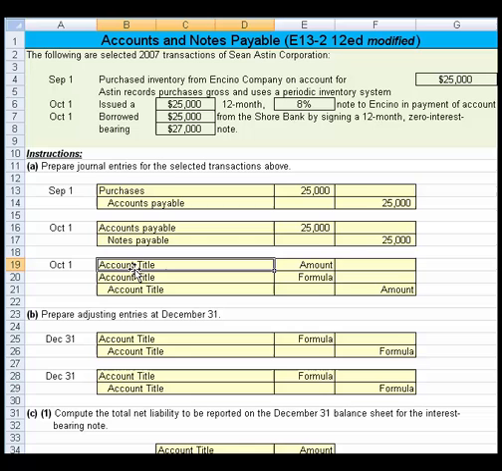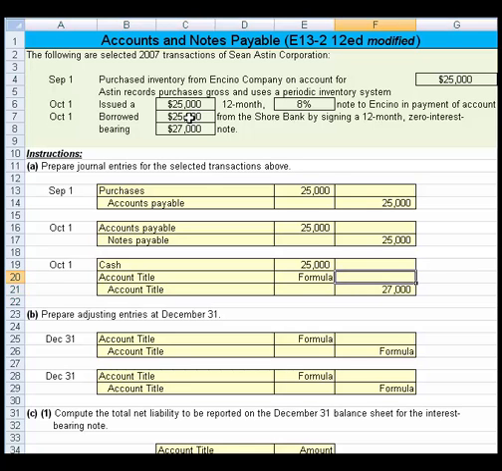Okay, then we also borrowed $25,000 from Shore Bank. So hopefully you recognize we're going to borrow that $25,000, and that means cash increased, and we signed a note for $27,000.